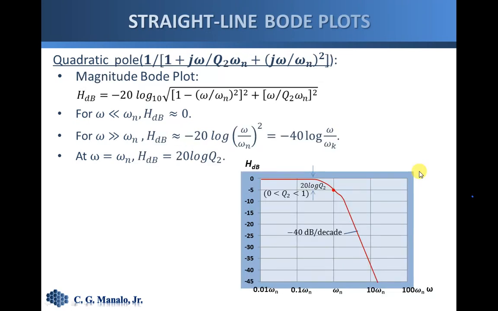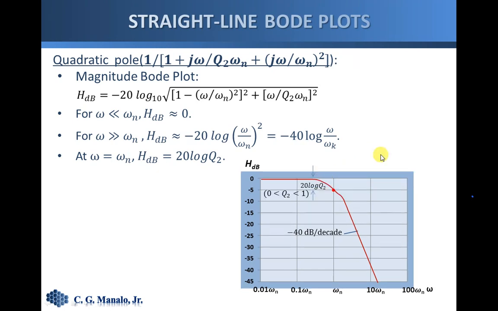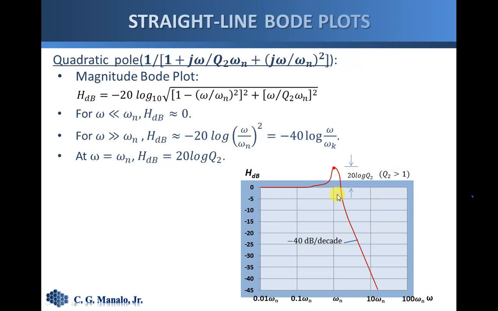And for the quadratic pole, we also do the same strategy as we did for the quadratic zero. So we first get the asymptotes at omega much less than omega n and much greater than omega n. For Q2 between 0 and 1, we'll get this plot, while for Q greater than 1, we'll get this plot.